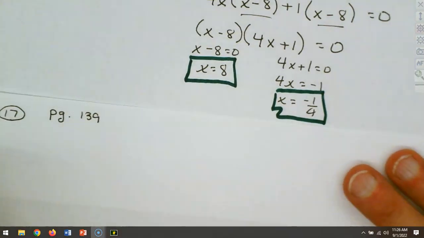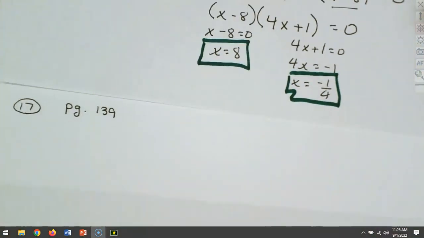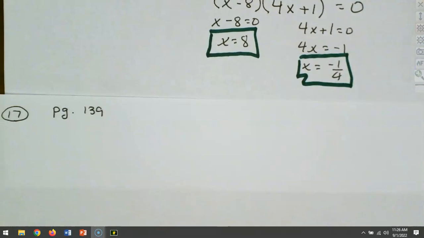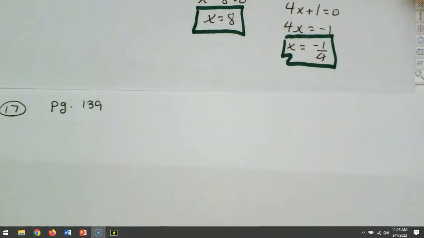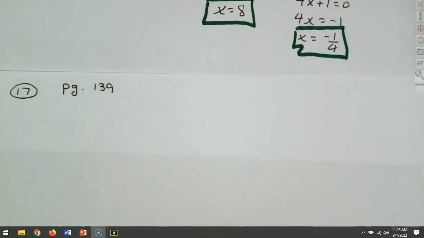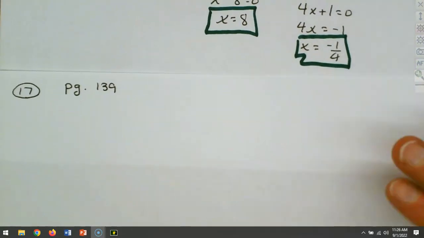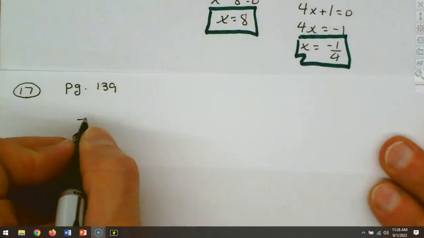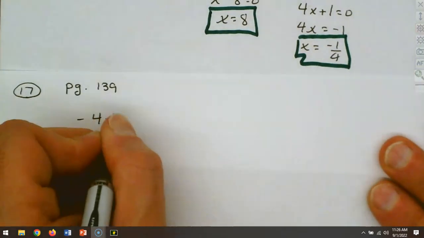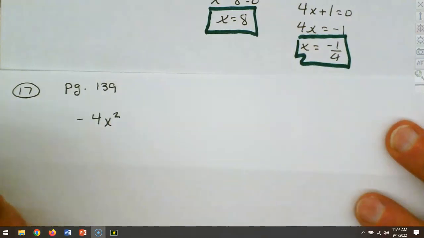We're going to look here at question 17. And this one is going to make you divide by a negative at the end before you factor.